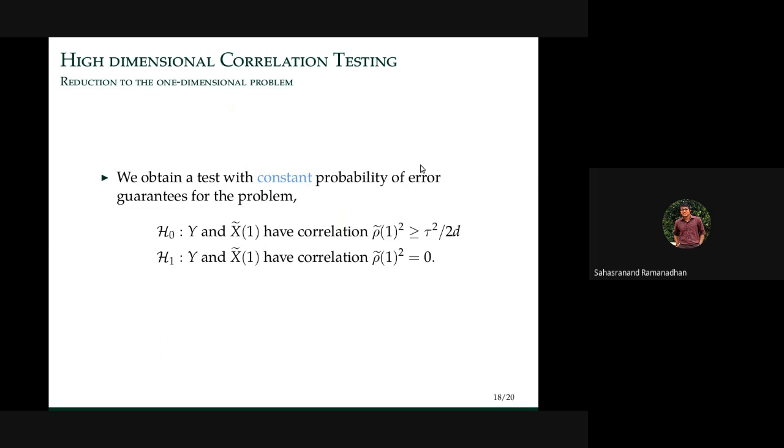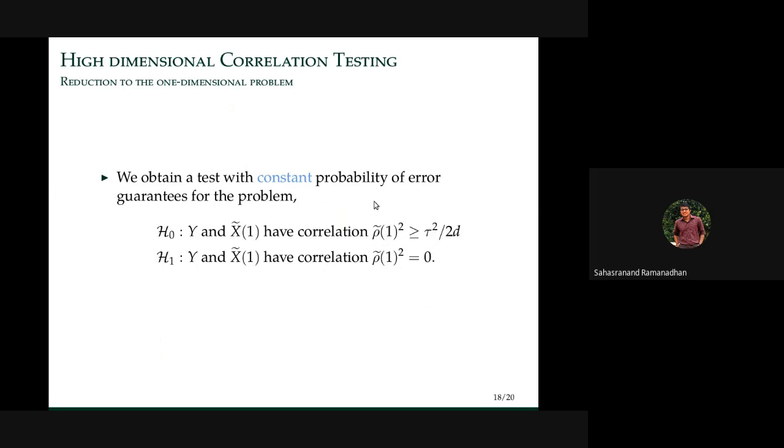So what we have obtained is a constant probability of error guarantee for this one-dimensional problem, where y and x tilde, the first coordinate of the rotated vector, have correlation which is greater than or equal to tau square by 2d, or is 0. So we can test between these two with constant probability of error guarantees.